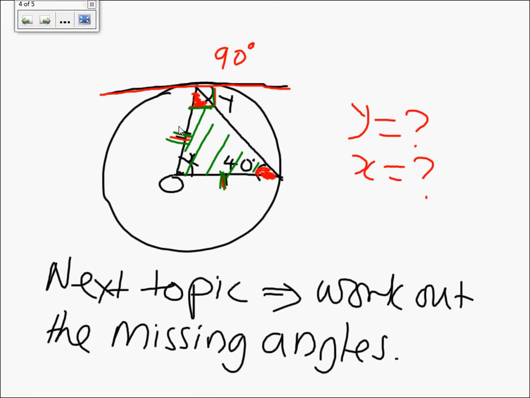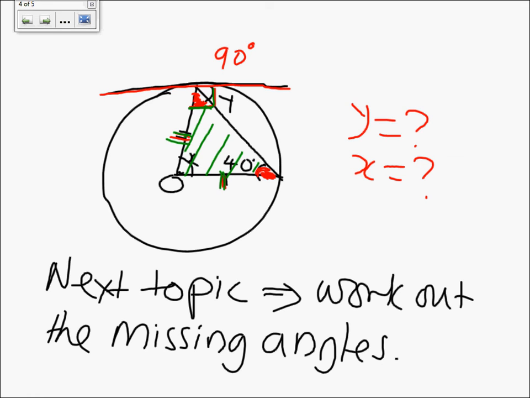Remember when we said this is equal to that because these are radii. Now, the properties of an isosceles triangle: if these two are equal, it means the base angles are equal too. So this angle here inside will be equal to that angle inside.